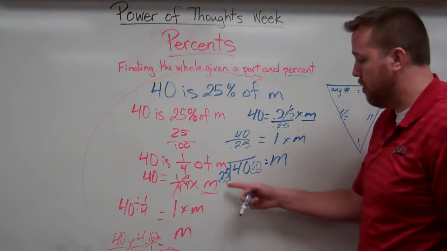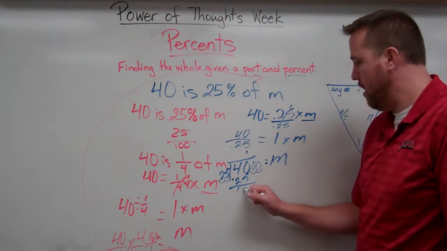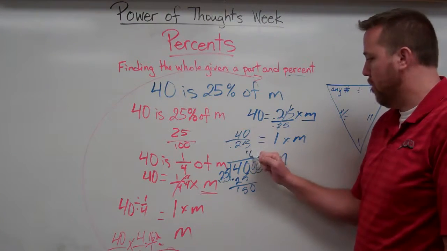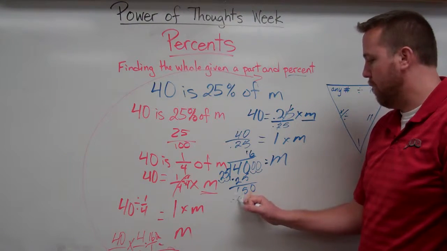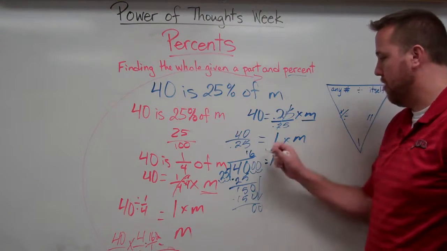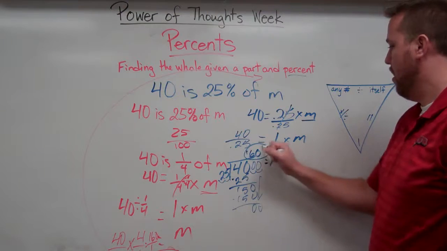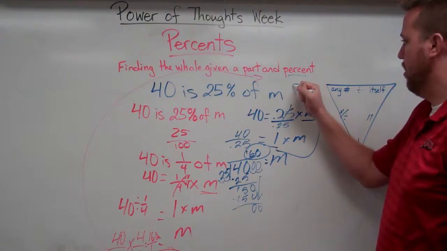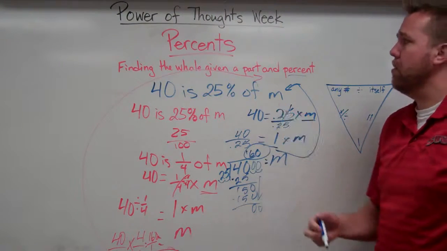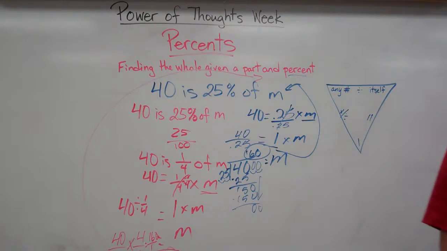Now it's just long division. 25 goes into 40 one time, subtract 25, get 15. Bring down the 0, 25 goes into 150 six times, which is 150. Bring down the 0, 25 goes into 0, 0 times. 160 is our mystery number. Finding the whole when given a part and a percent.